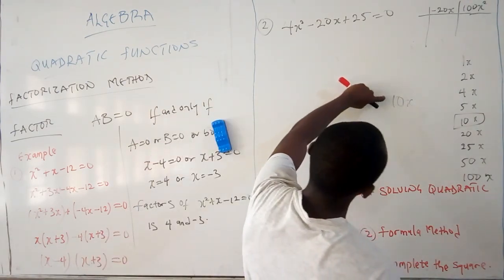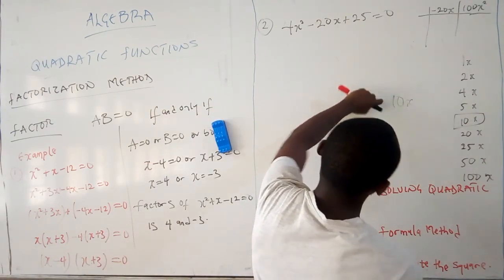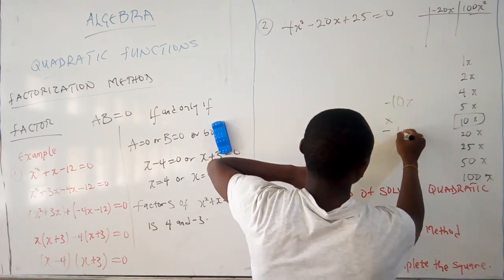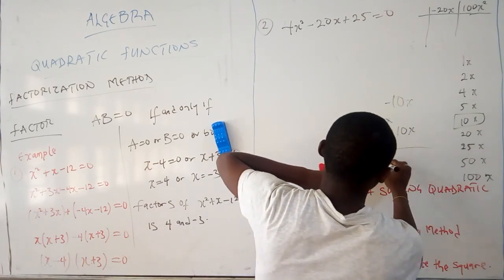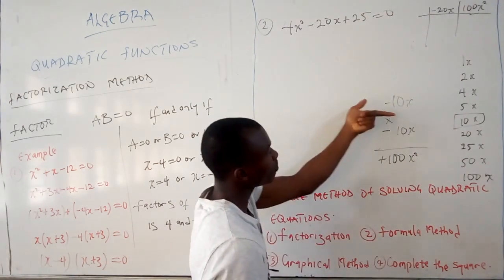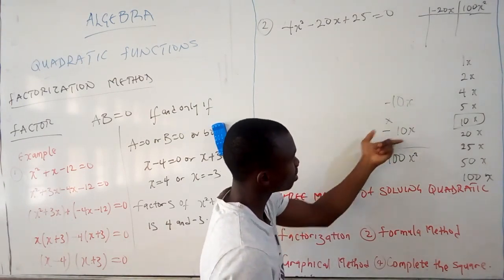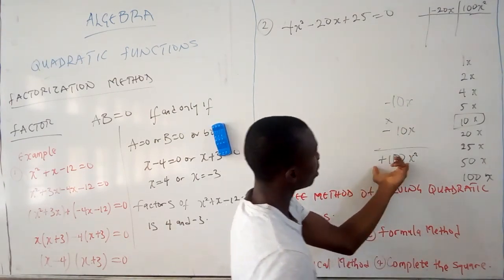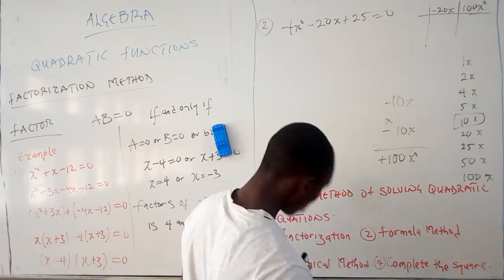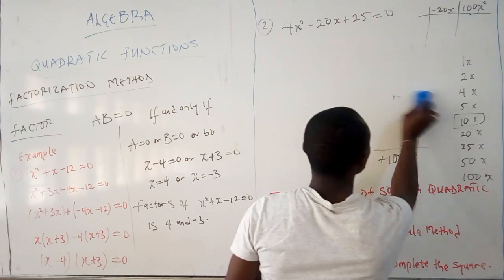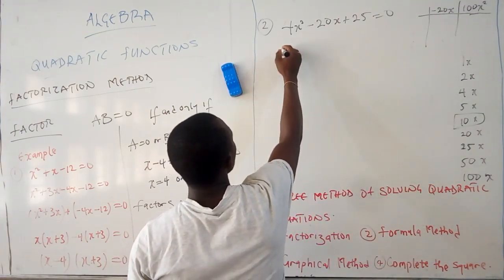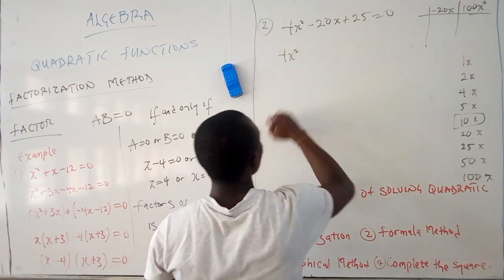If you are given minus 10x times minus 10x, you end up having plus 100x squared. So if you take minus 10x and minus 10x, when you multiply them you have this, and when you sum them up, you have minus 20x. Then you have 4x squared.